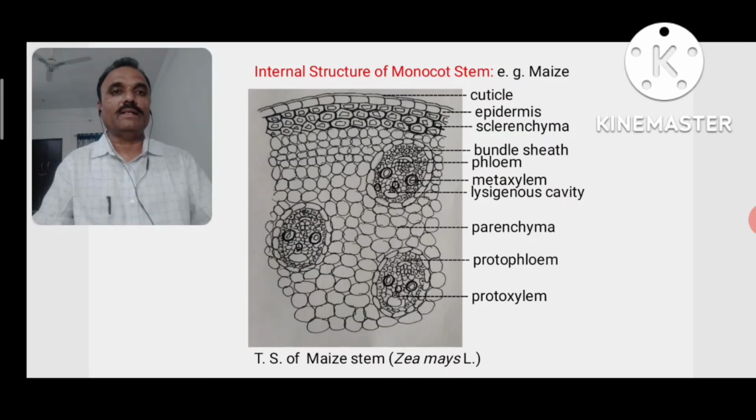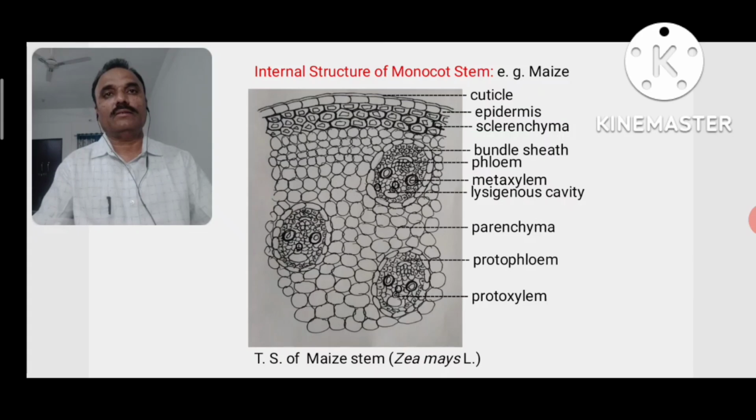Phloem parenchyma is absent. In mature bundle, the protophloem cells get crushed due to internal pressure, so the inner phloem is the metaphloem. Xylem. The xylem is Y-shaped.